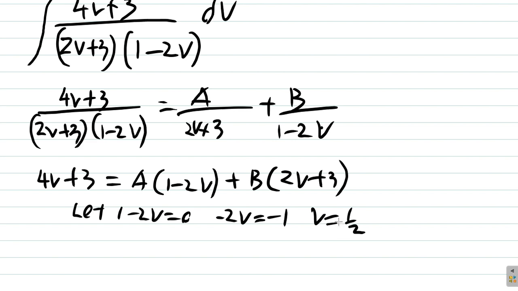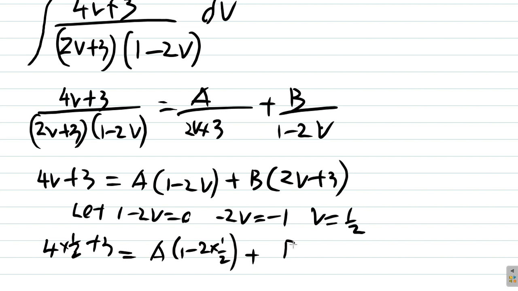V would have to be half, right? V is a half. So if V is a half, we'll have 4 times half plus 3 equals a times 1 minus 2 by half. You know that's going to be 0, but I still write it there, just as a reminder. Plus b 1 minus 2 times half.